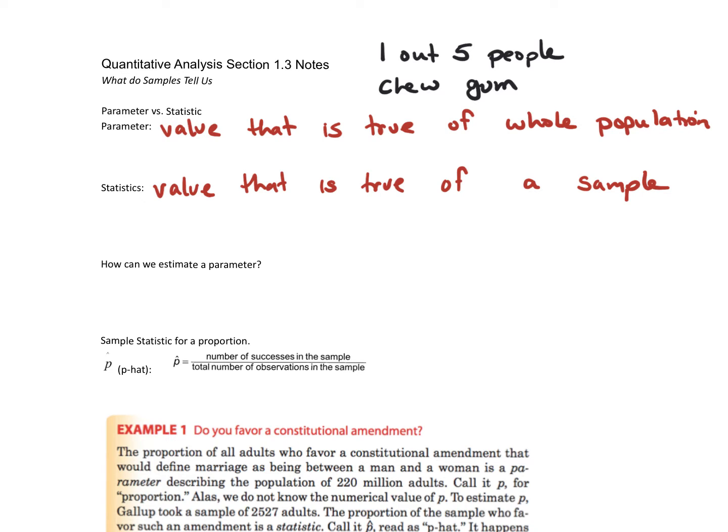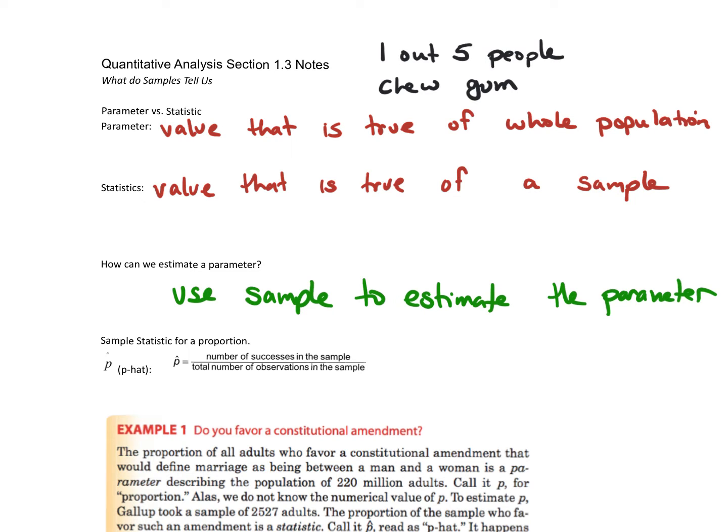So when we ask how we will estimate a parameter, we will generally use the sample to estimate the parameter. Now, there's a little bit more to it, and we'll see that today. But we don't just say, if 20% of some people I talk about did something, then 20% of the whole population did. It'll be a little bit more involved than that.